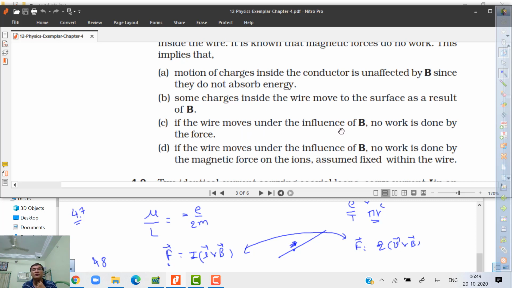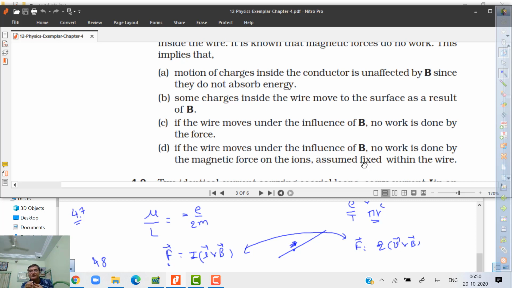No, if it moves then work is done, so C does not apply. And if the wire moves under the influence of B, no work is done by the magnetic force on the ions, assuming they are fixed within the wire. Yes. If the wire moves, work is done, but the wire stays where it is; the charge moves. So no work is done by the magnetic force on the ion.